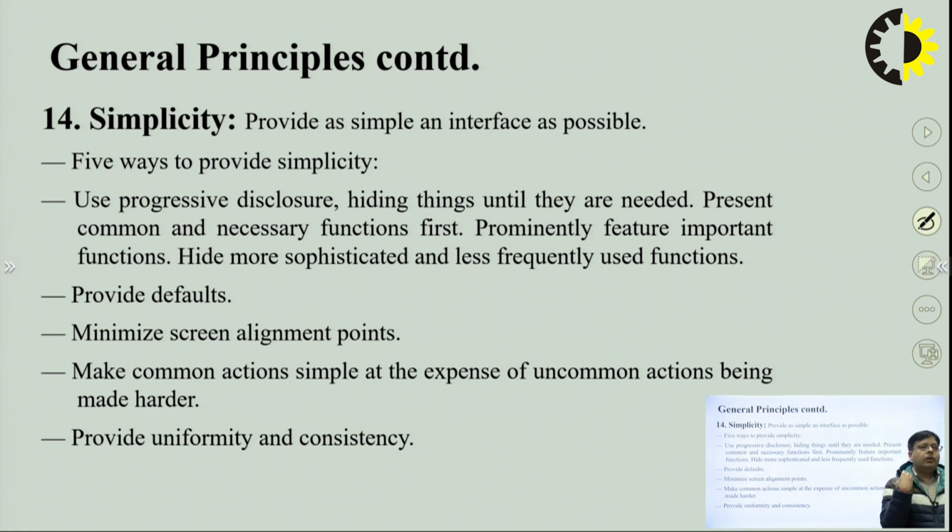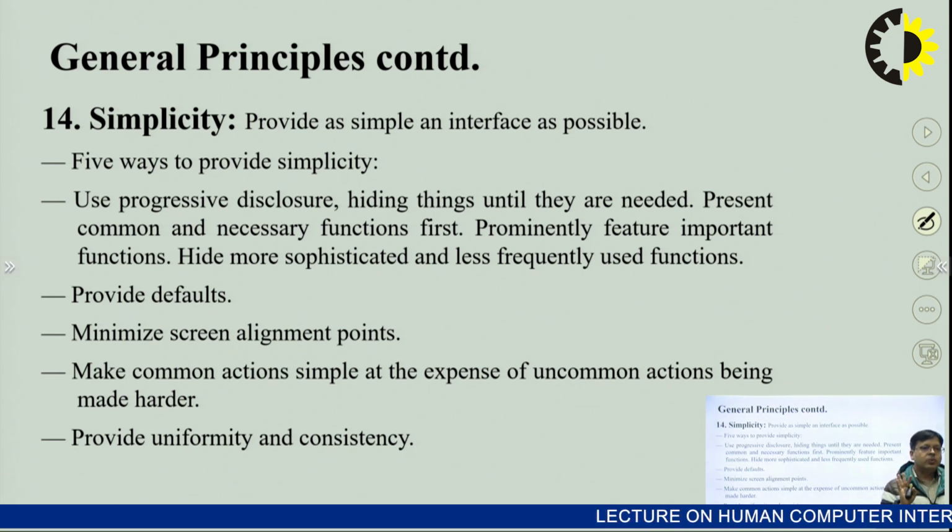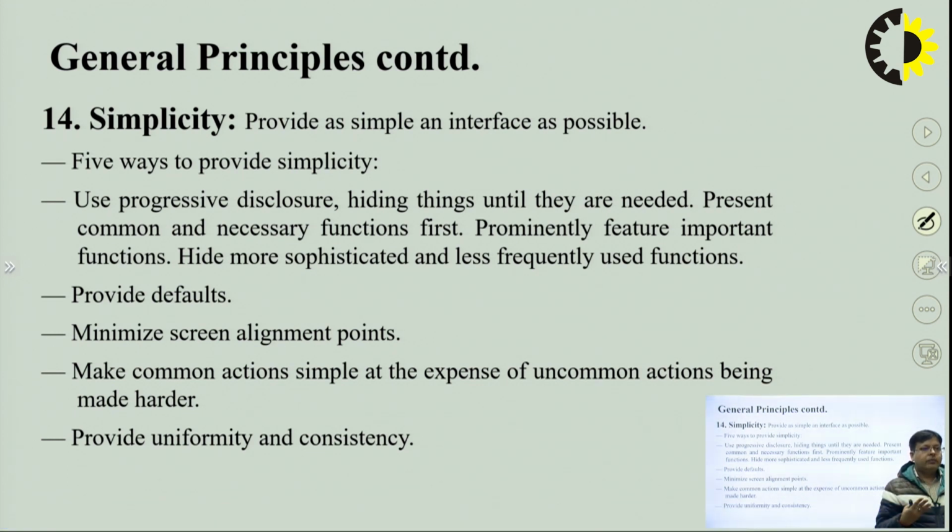You may see examples in various interfaces where more options are available. Very little information should be visible to the user, that which is most common, and there should be a default for each and every action, right? And a minimum of screen alignment points should be there. So a visually uncluttered screen is expected. There should be no visual noise on the screen.